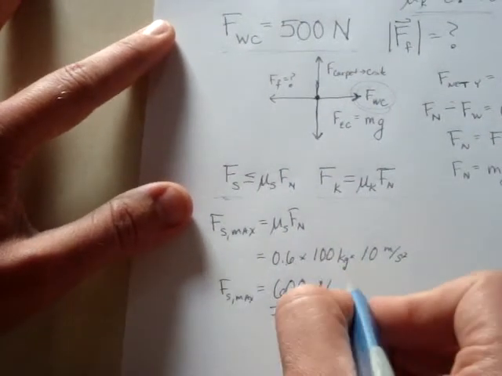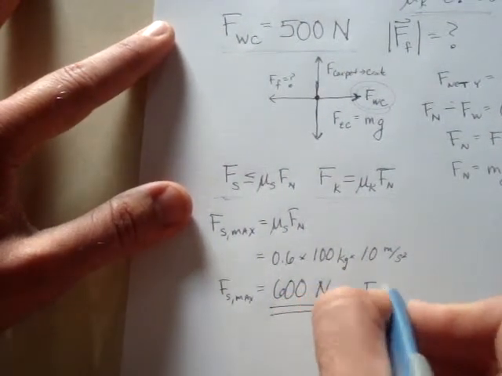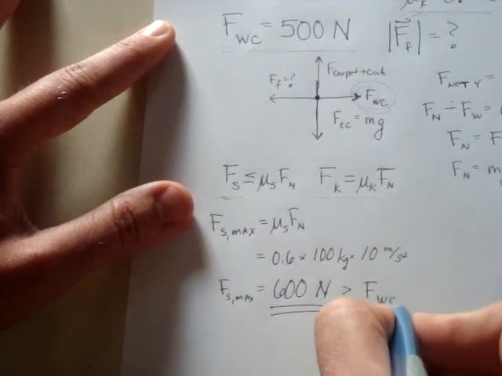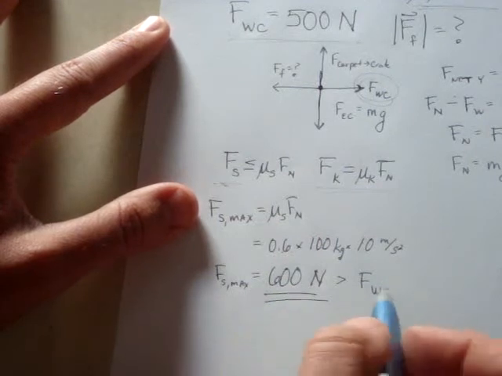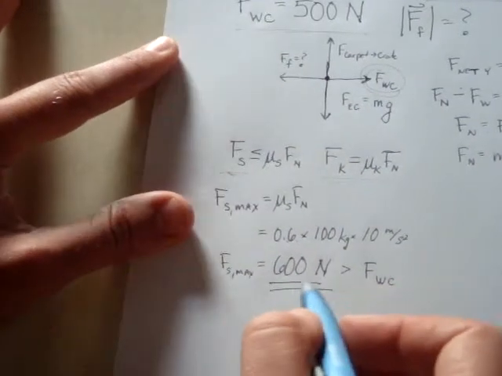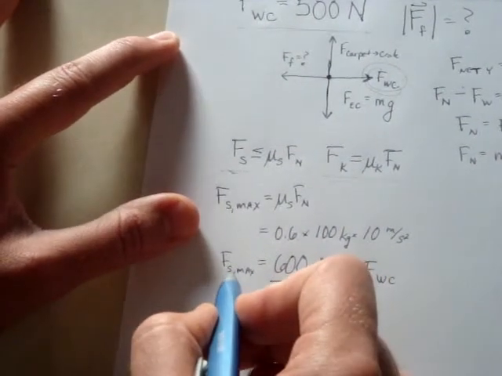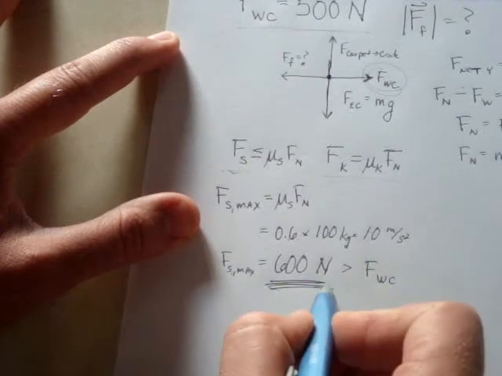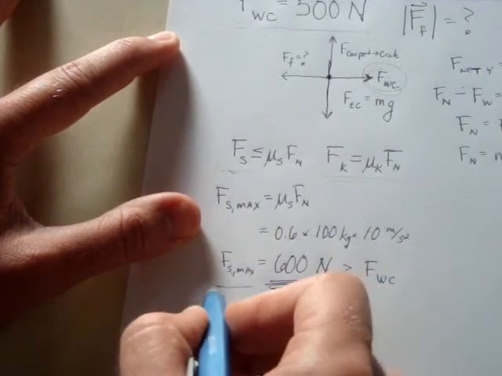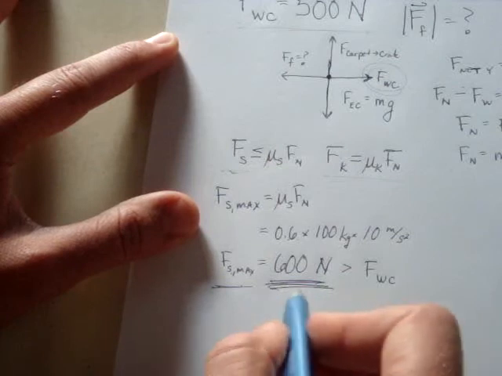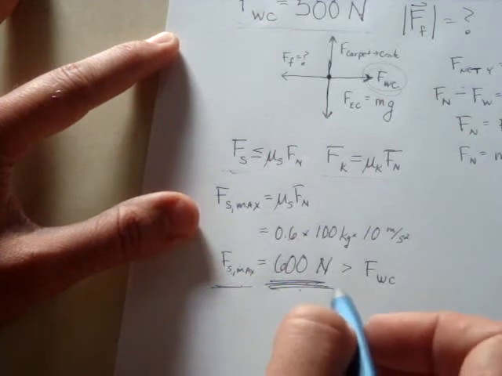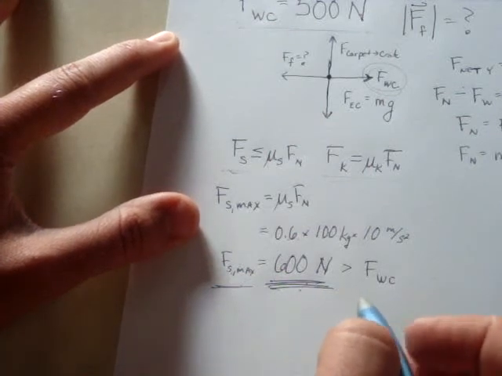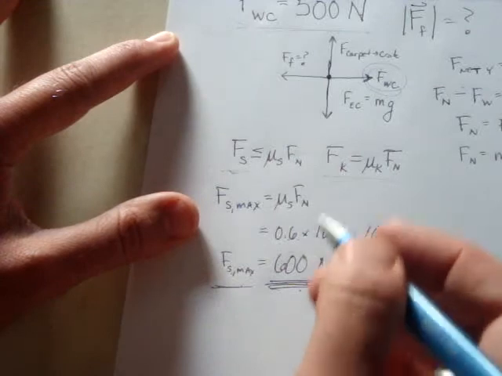That is greater than the force applied by our worker on the crate. So is this going to be moving? No, it isn't, because the force due to static friction isn't equal to 600 newtons. The maximum possible static frictional force is equal to 600 newtons. What is the actual force due to static friction?